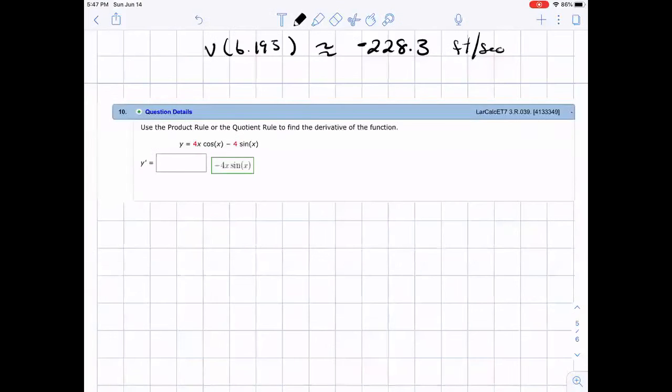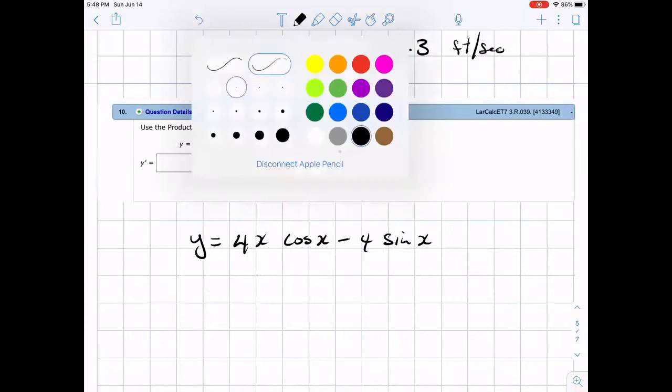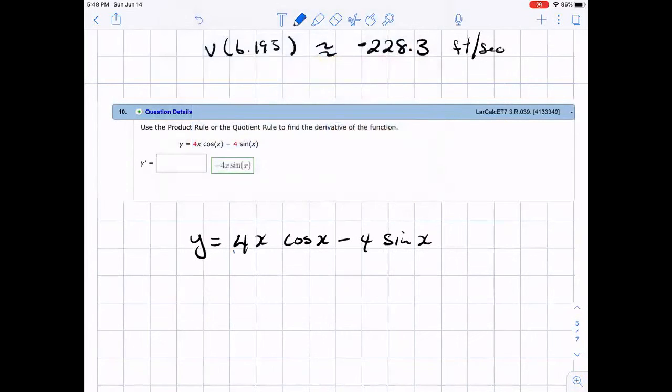So I was asked to look at this problem also. Use the product rule. y is equal to 4x cosine x minus 4 sine x. If you're asked for y prime, I would strongly recommend seeing that these are two products.